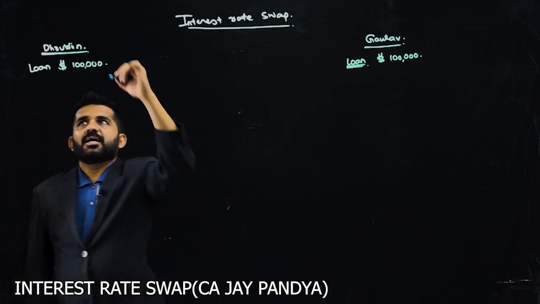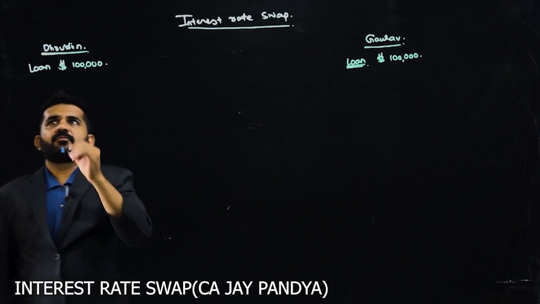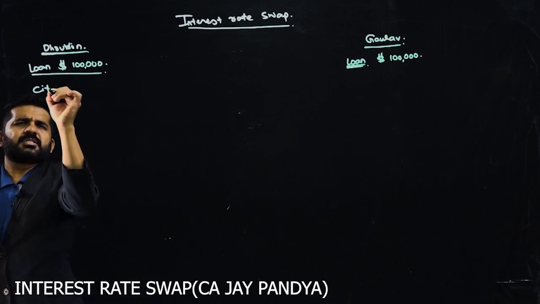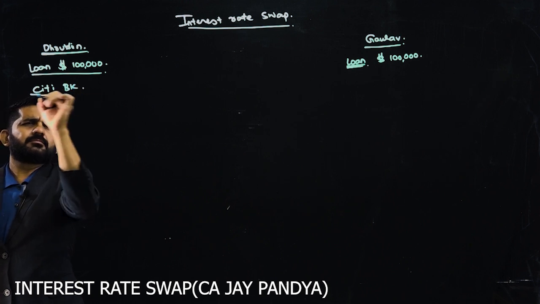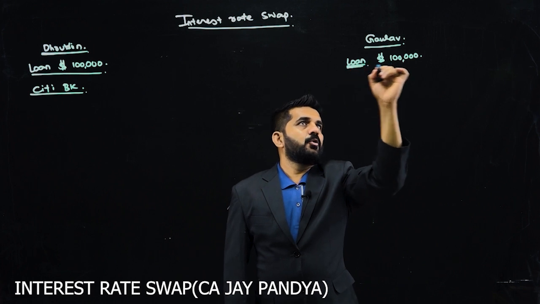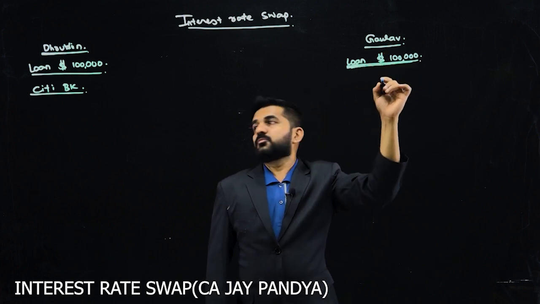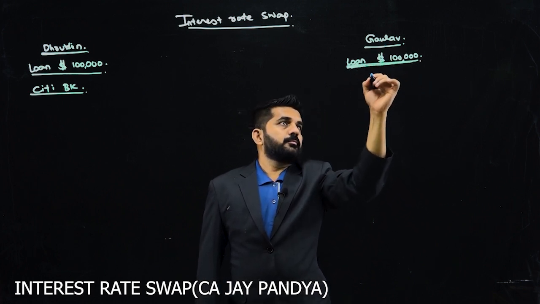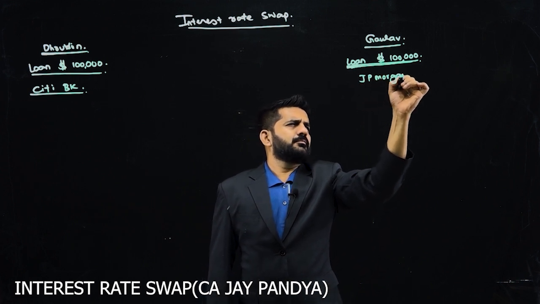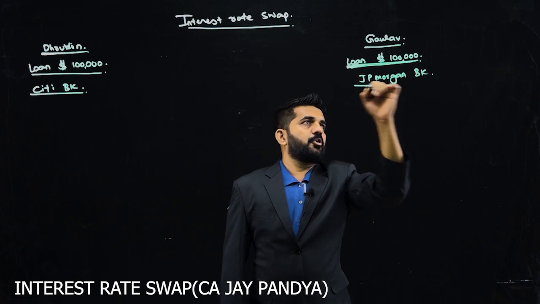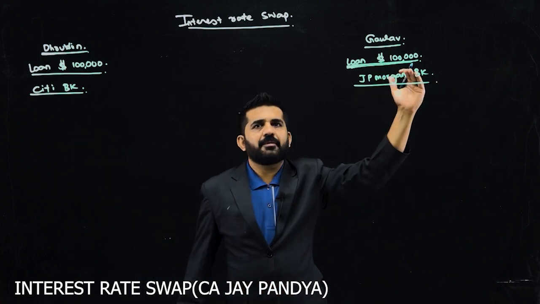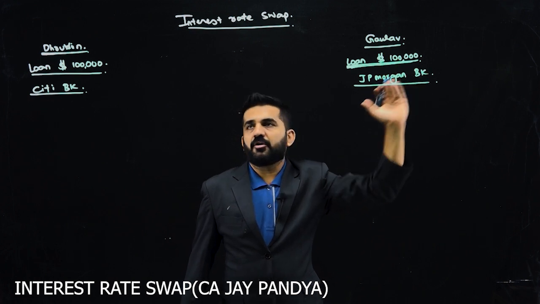Now Dhruvin has taken loan of $1 lakh from say Citibank. And Gaurav has taken a loan from say JP Morgan Bank. Both have taken same loan, similar type, that is same amount loan, that is $1 lakh.